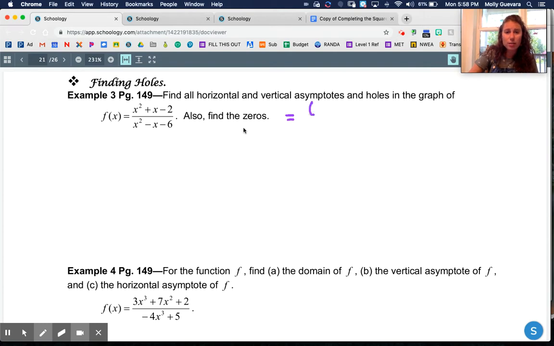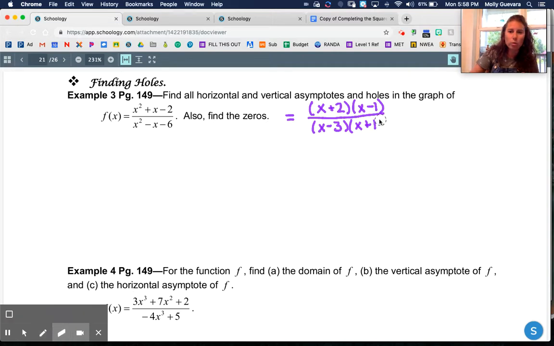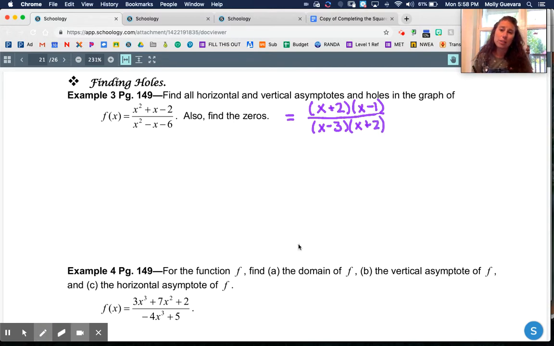So x squared plus x minus 2 factors to x plus 2, x minus 1. And x squared minus x minus 6 factors to x minus 3, x plus 2. Okay, so now I factored.